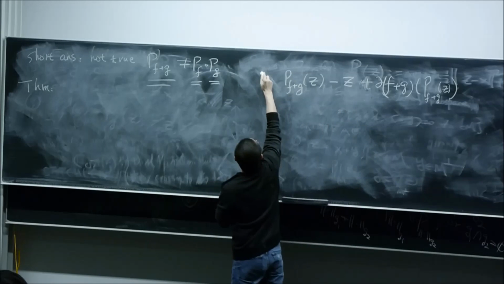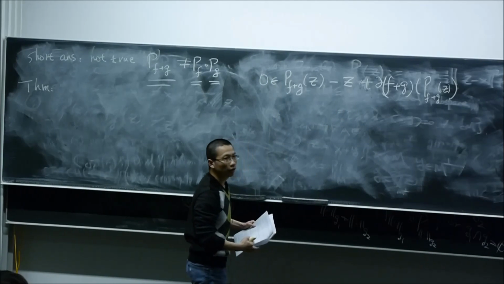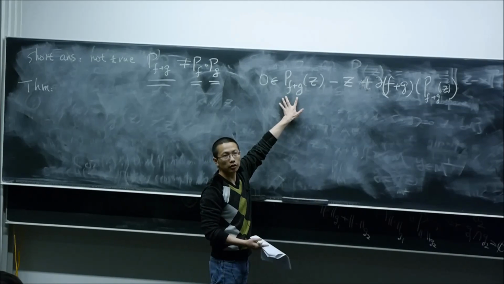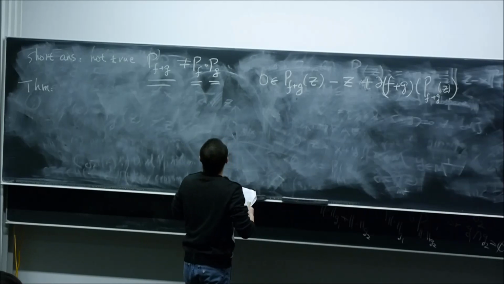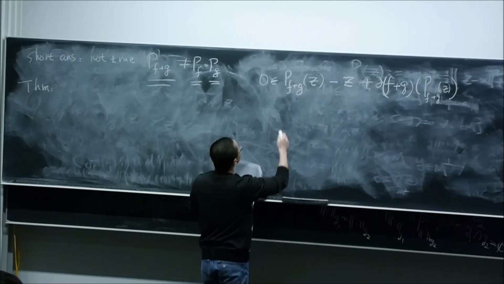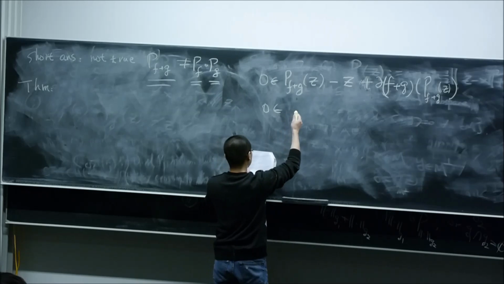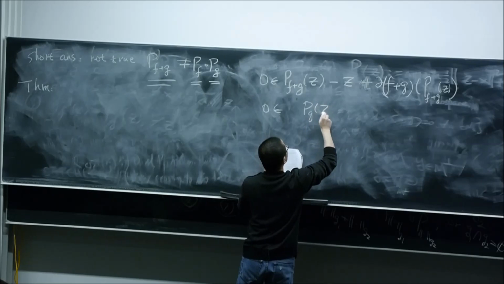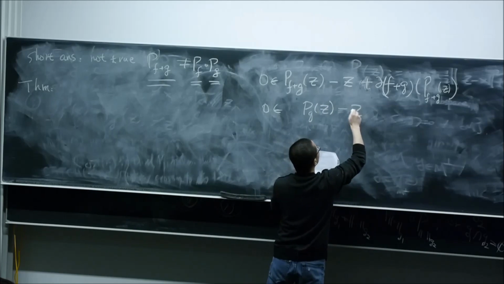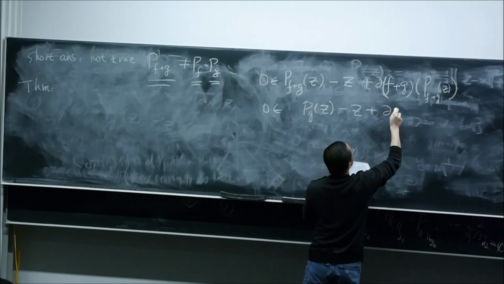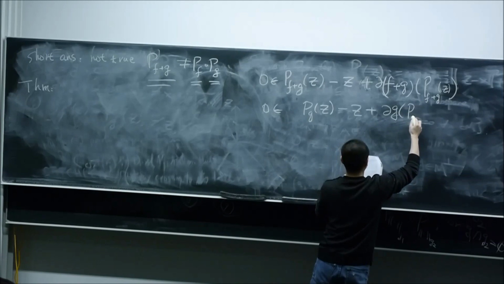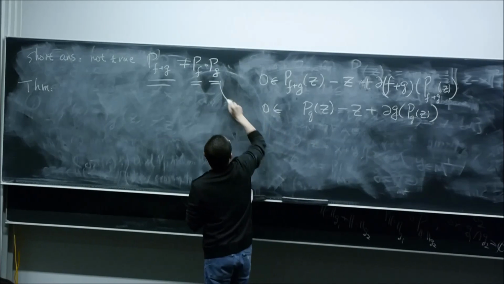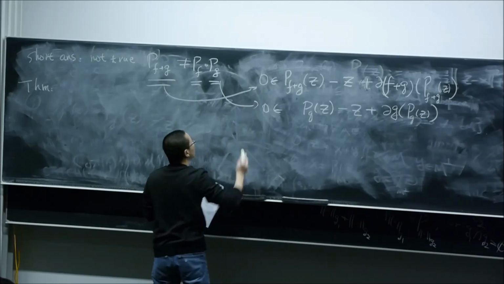So 0 is there, okay? Just take the derivative in the definition of this thing here. Take the derivative, you get this equation, nothing fancy. And for this one, similarly, you just apply the optimality condition: minus Z plus the subdifferential of G at P_G(Z). So this one is this, that's that.